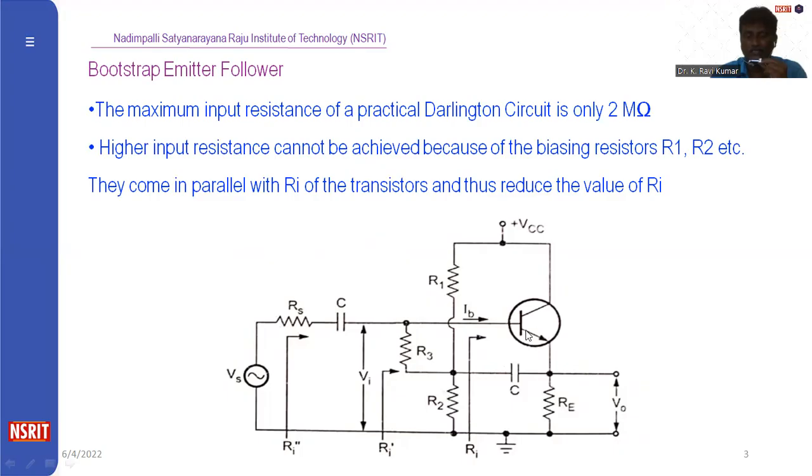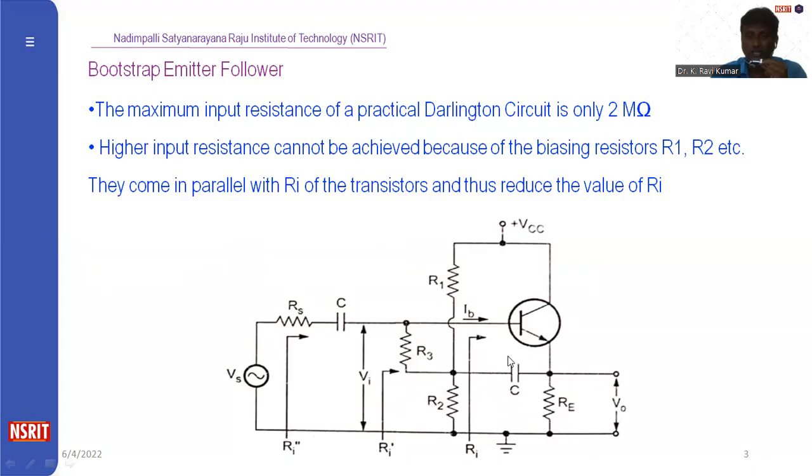Actually, the internal resistance of a transistor is indicated with Ri, and the combination of R3, R1 and R2 with Ri is indicated with Ri dash. The parallel combination of source resistance, R3 resistance, R1 resistance, R2 resistance and Ri is called Ri double dash.